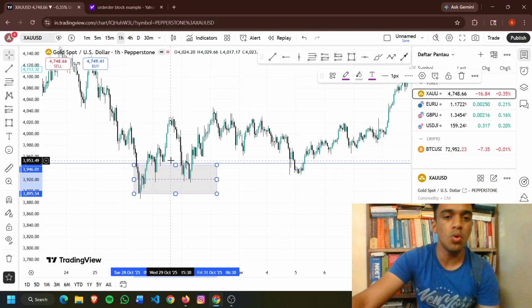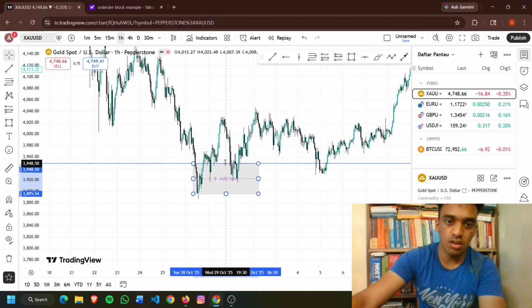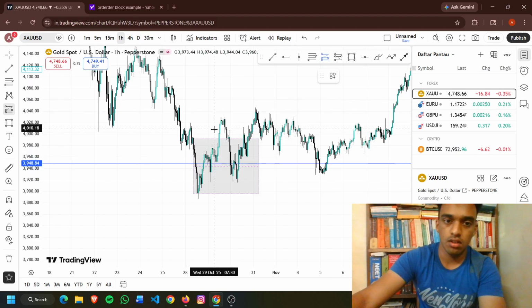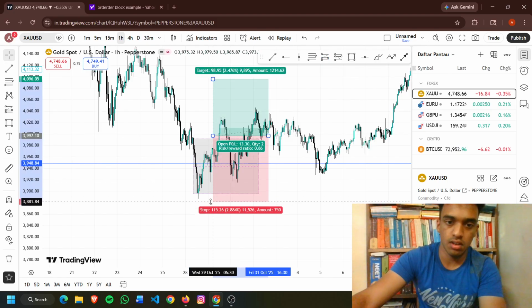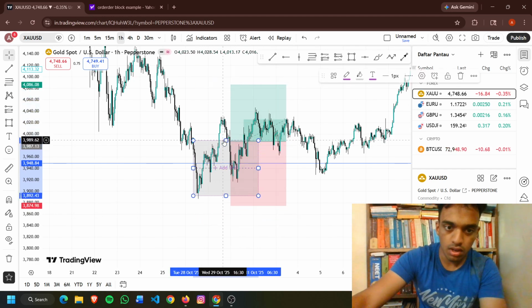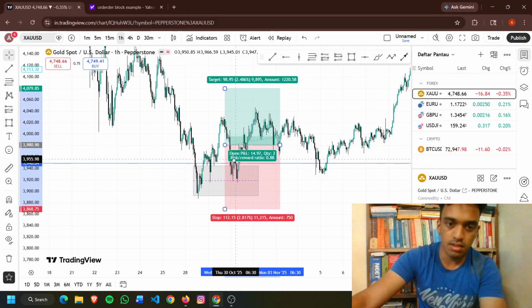Like we don't want to go for a big retracement, like a big stop loss for us. Like a stop loss like this with this and this. It has a lot of pips compared to the other one. So yeah, we will go for the last two candles for this one. We just put it like that.